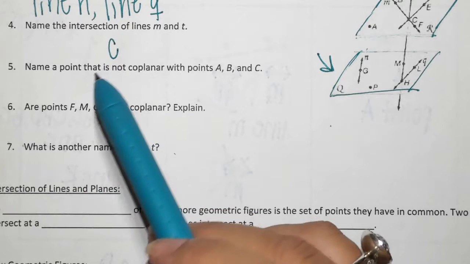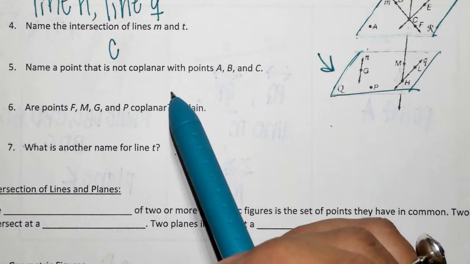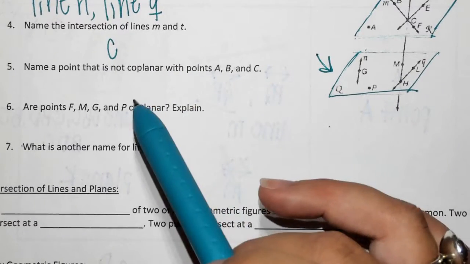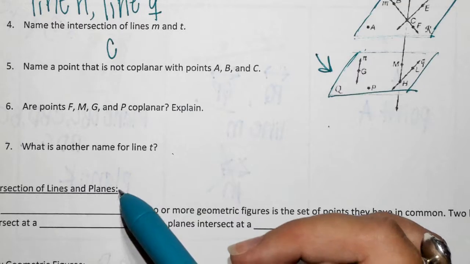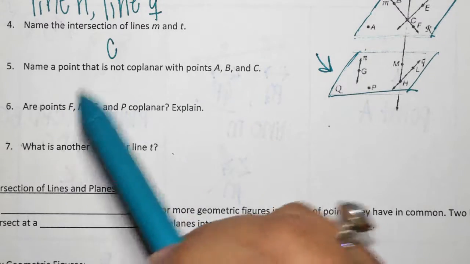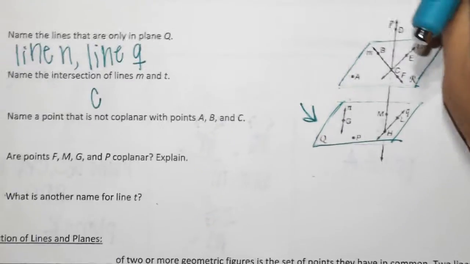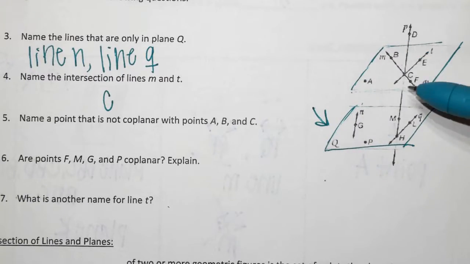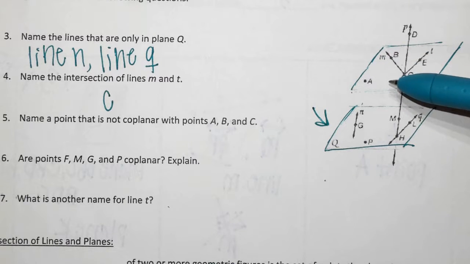Name a point that is not coplanar. Well, if coplanar means they're on the same plane, then not coplanar means they're not on the same plane. So name a point that is not coplanar with points A, B, and C. Well, here's A, B, and C. All these are on plane R. So any point that's not on this plane could be what?